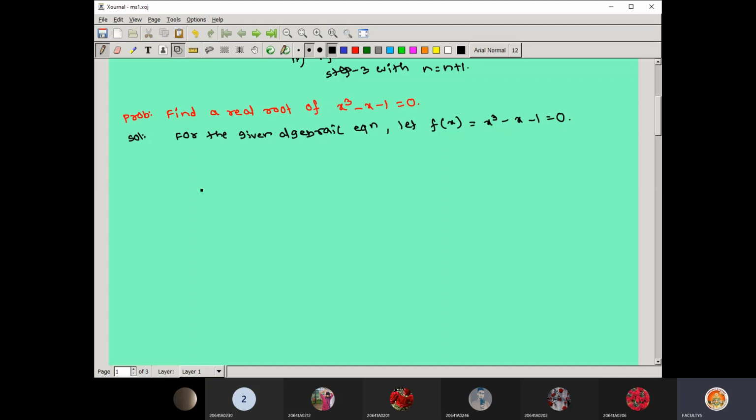As per the procedure, we need to calculate the real numbers. So you are selecting any two real numbers, a and b.